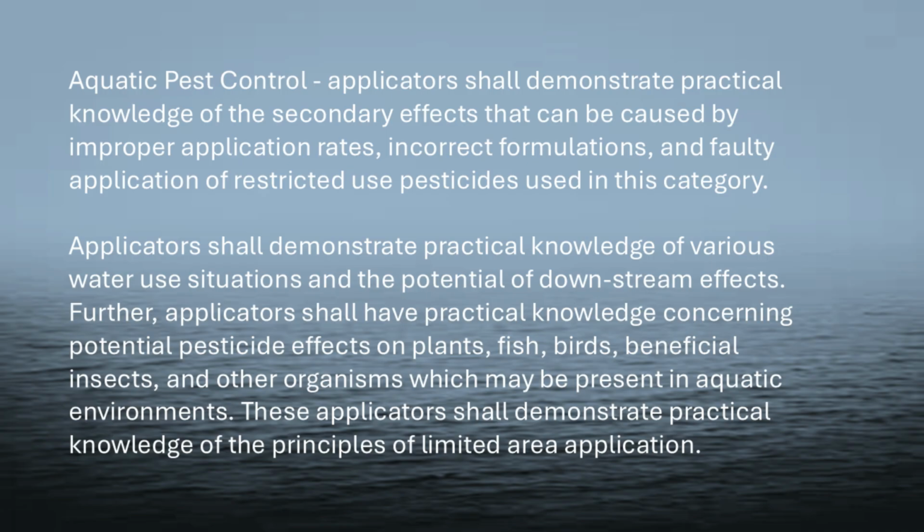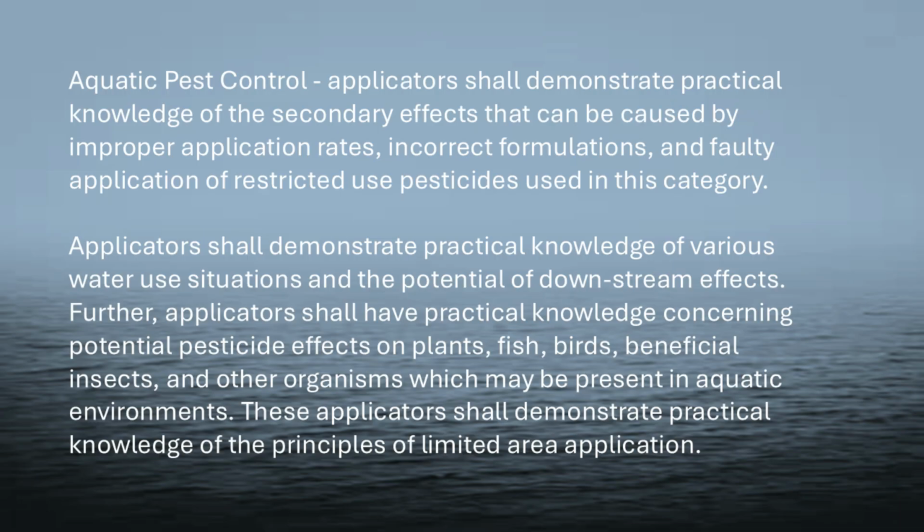Aquatic pest control. Applicators shall demonstrate practical knowledge of the secondary effects that can be caused by improper application rates, incorrect formulations, and faulty application of restricted use pesticides used in this category. Applicators shall demonstrate practical knowledge of various water use situations and the potential of downstream effects.